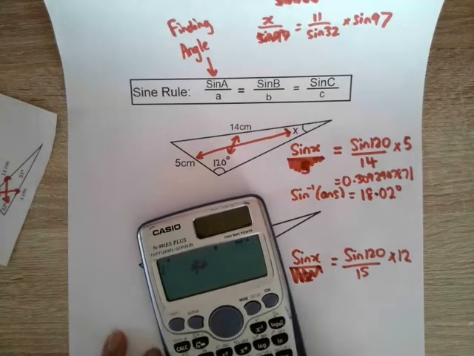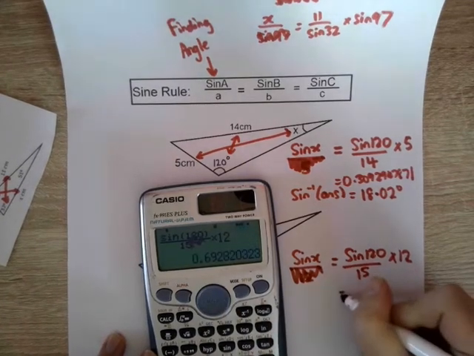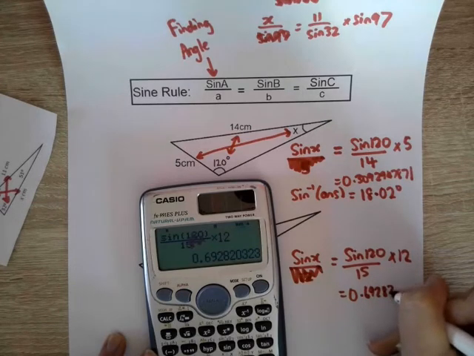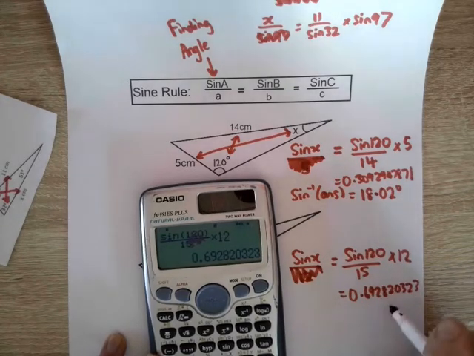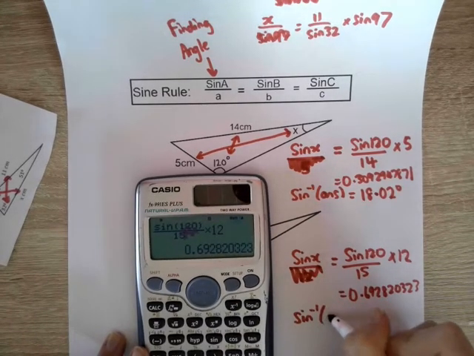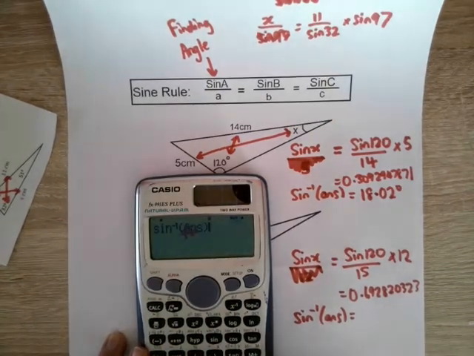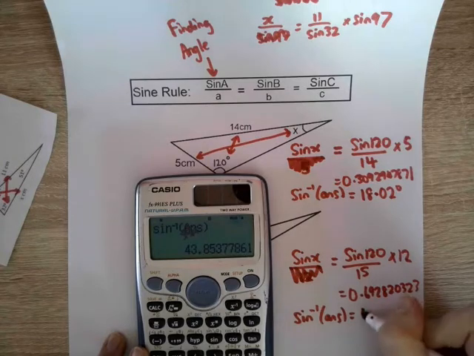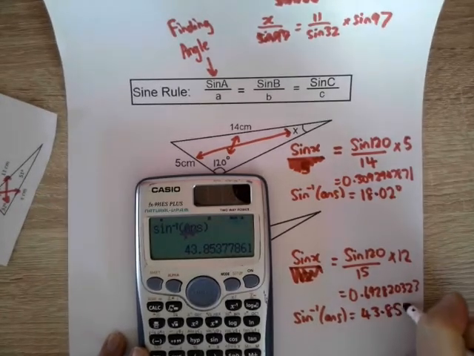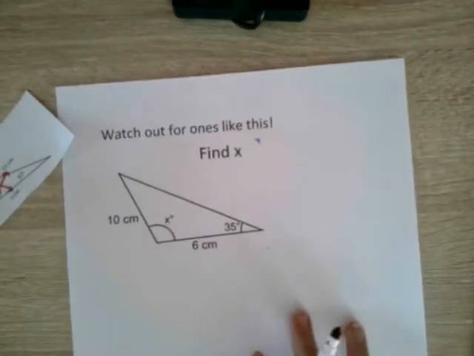So let's work out what that is: sine 120 over 15 times by 12, which is this answer. But again, that's not your angle, that's the sine of the angle that we've worked out. So we now need to do sine to the minus 1 of your answer. And that gets me 43.85 degrees.